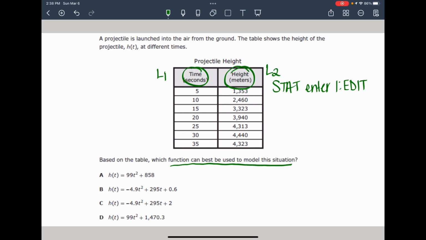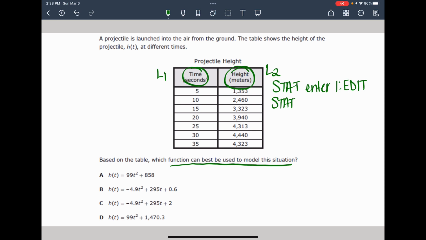So you're going to enter 1353, 2460, 3323, 3940, 4313, 4440, and 4323.